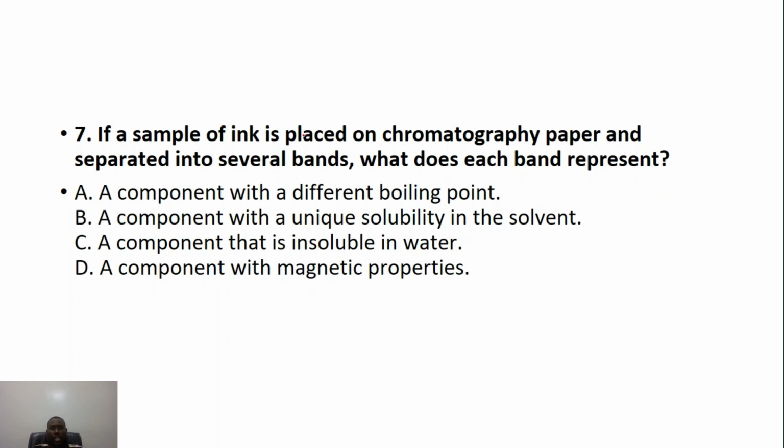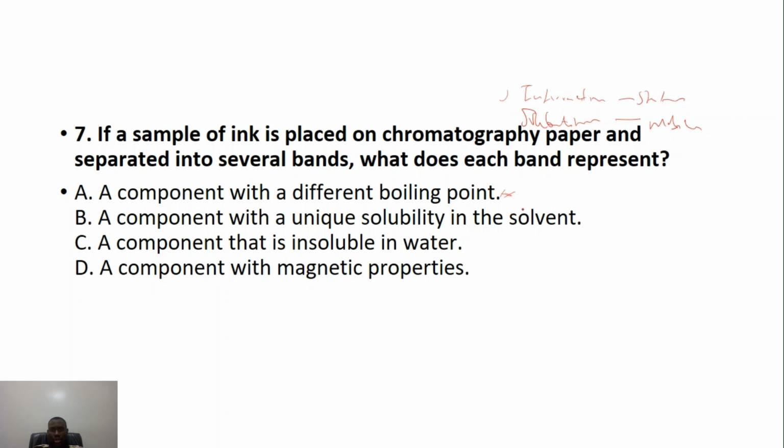If a sample of ink is placed on chromatographic paper and separated into several bands, what does each band represent? A component with a different boiling point. That is not correct. In the last question, we talked about their solubility in the mobile phase and their interaction with the stationary phase.